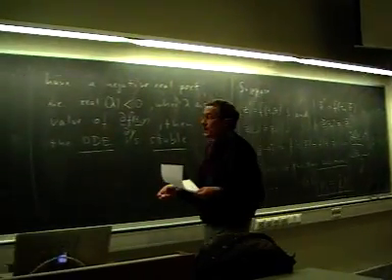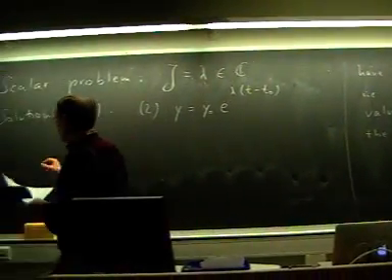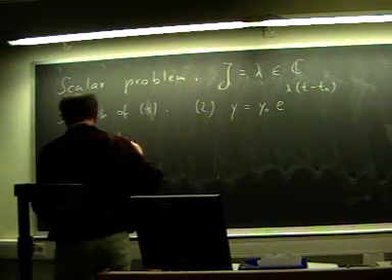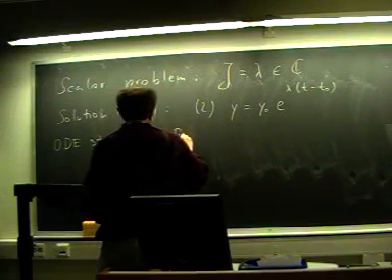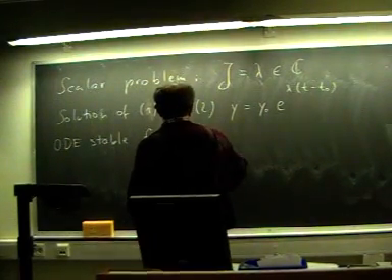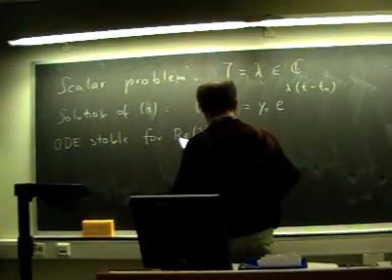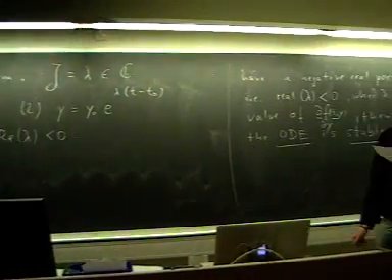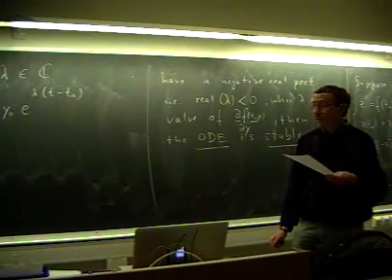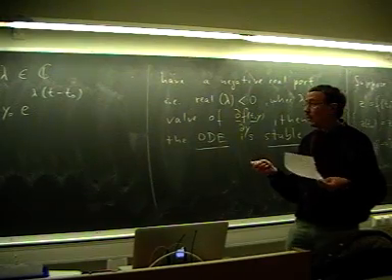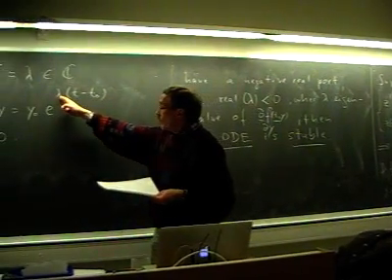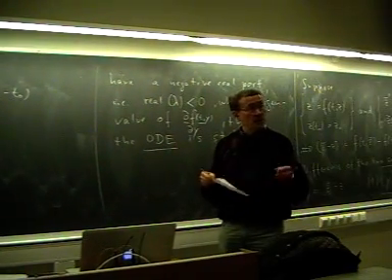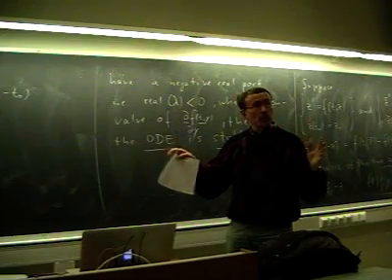And now you can easily see what that means for the stability of the ODE. The ODE is stable for the real part of lambda smaller than 0. Because what we look at is when the time goes to infinity. So we get a large time, and then if we have here something that has a negative real part, that is then determining essentially the absolute value of that.